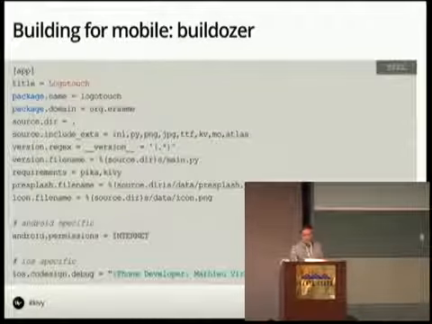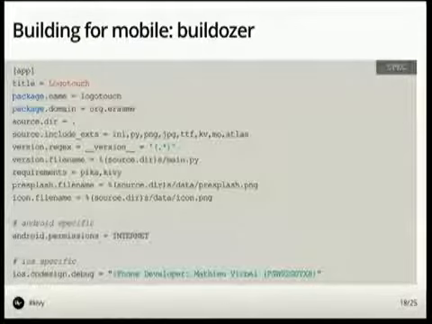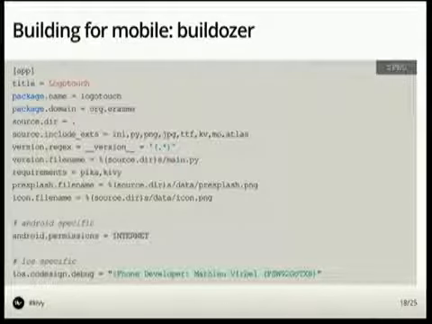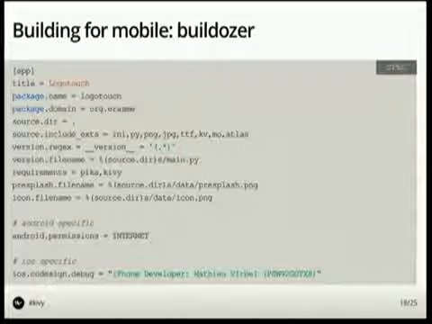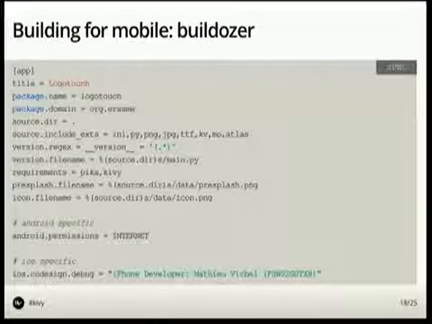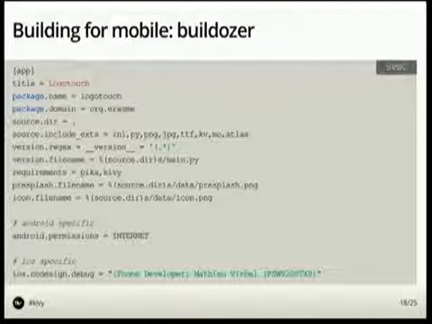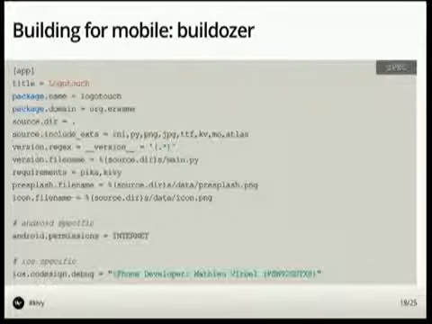As an example, this is a spec file. So the title, the package name, where the source of your application is, the version, the requirements, the icon, the presplash, which is common to Android, iOS, and even desktop. I mean, if you package for Windows, you want the same things.